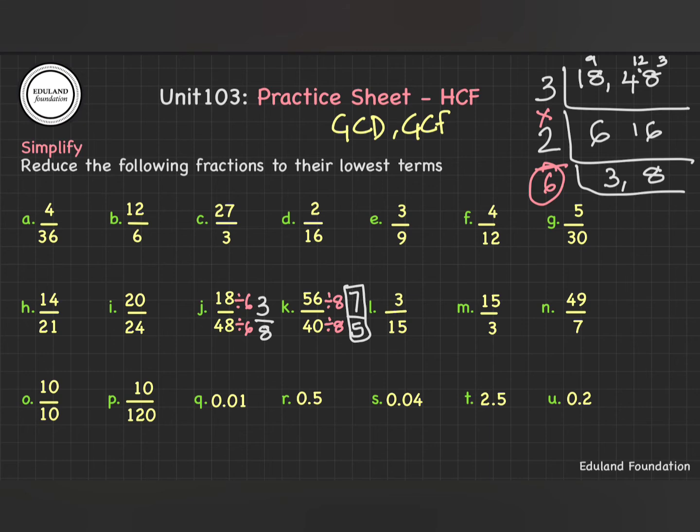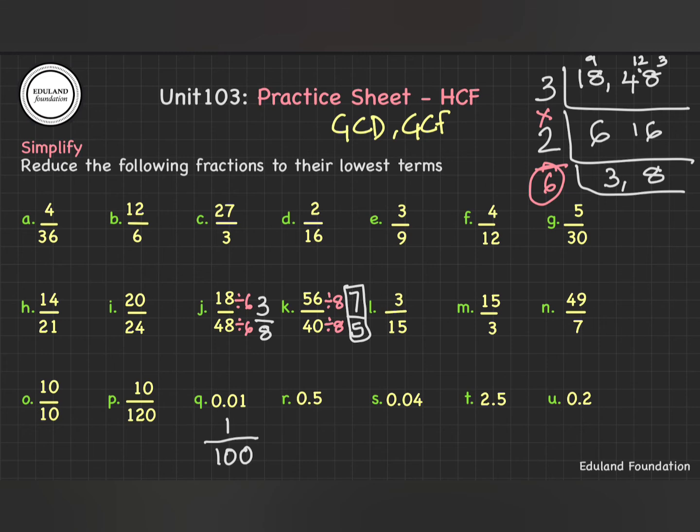Let's take the decimal fractions. I have 0.01, which is 1/100th. So in the fractional form, it is 1 by 100. Since I don't have a common factor, I leave it in that form.